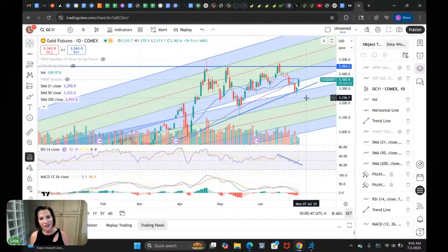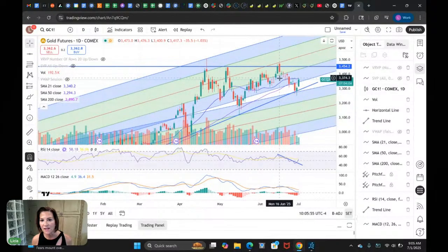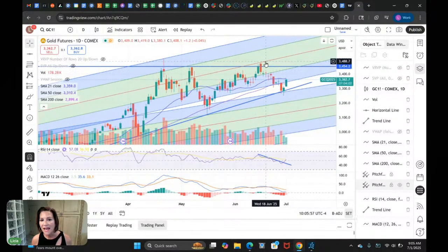Remember, as I always say, the close is more important than the intraday. And gold was on a sell-off after a nice dark cloud cover candle at the median line resistance and at the previous highs. That's a load of resistance there. If you were long gold, this is where you're going to exit.